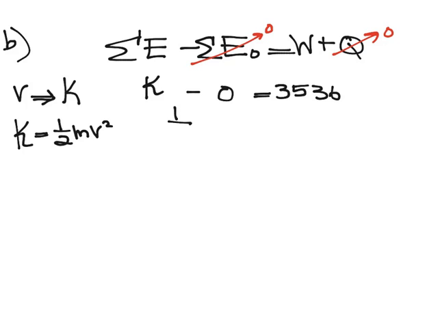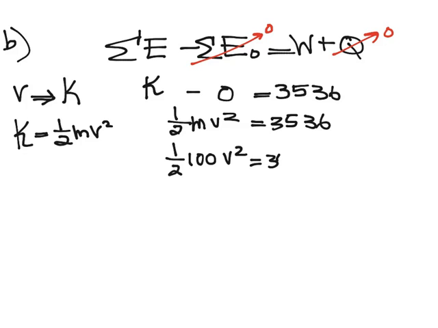So I have 1/2 mv squared equals 3536. I know the mass of the stroller is 100 kilograms, so I have 1/2 times 100 v squared equals 3536.